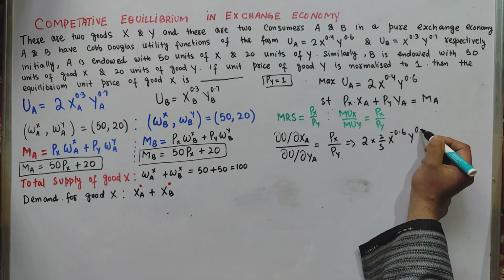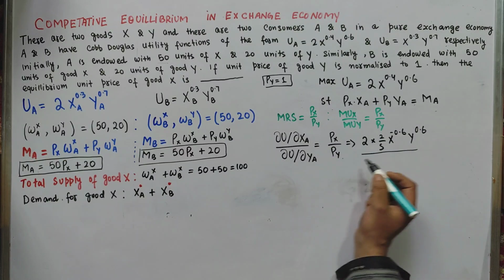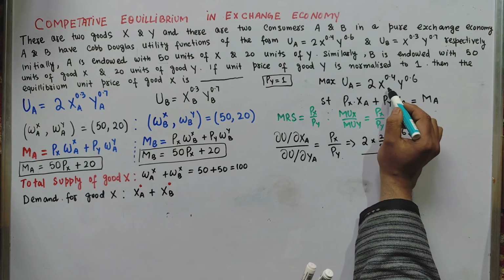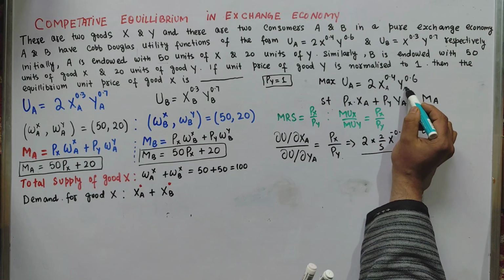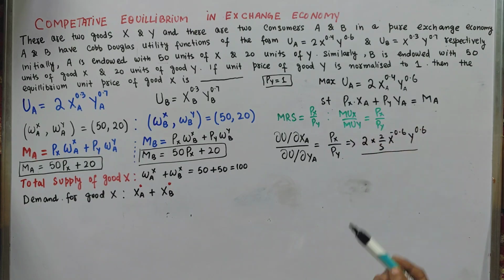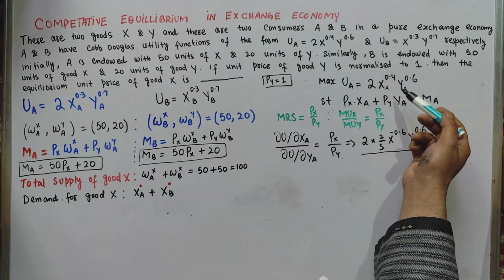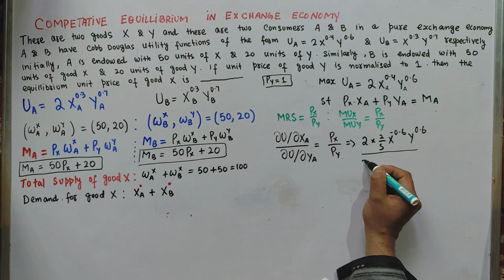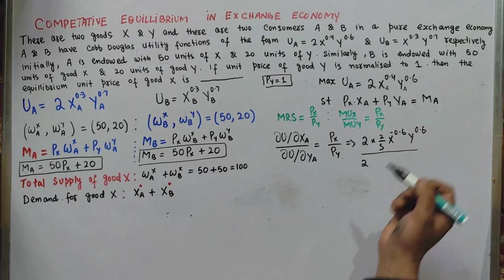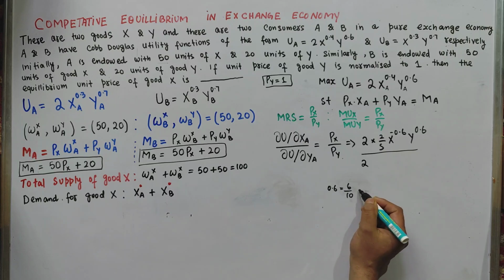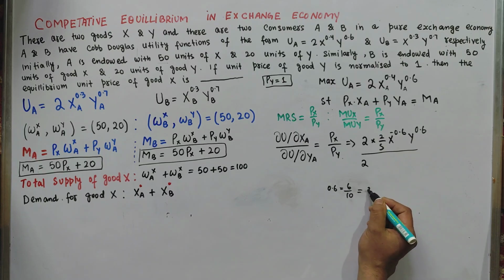raised to the power 0.6, and similarly dU upon dy_A means the partial derivative of this function, and let's write here A and here also A. Okay, the derivative of this function with respect to y_A. Again, since we are taking partials with respect to A, first we have 2, the exponent 0.6 will become the coefficient, 0.6 is equal to 6 upon 10, which is equal to 3 upon 5.